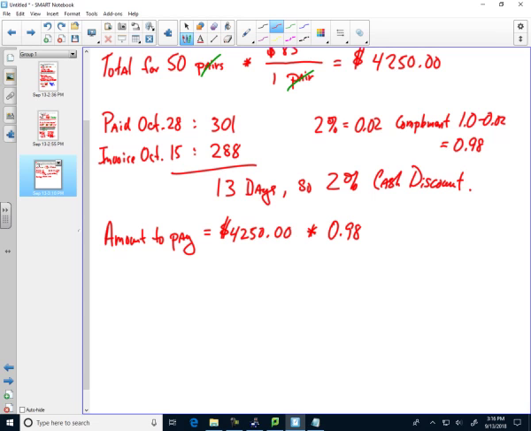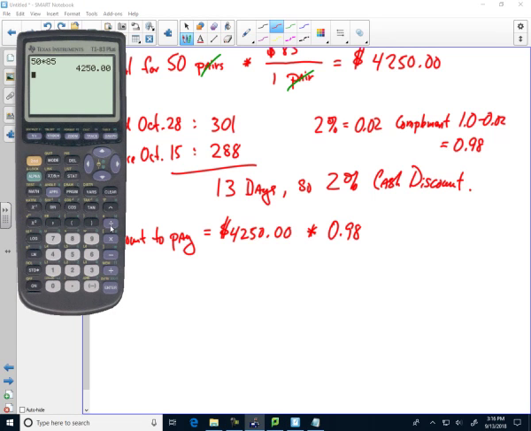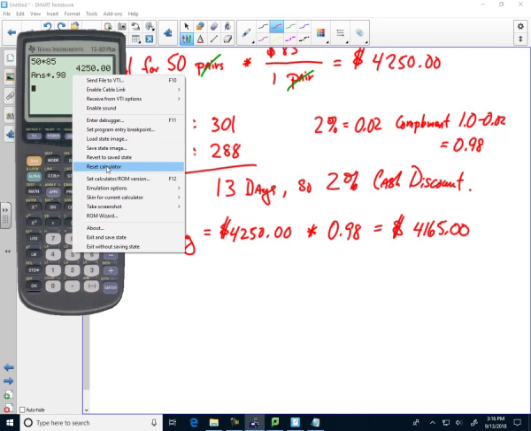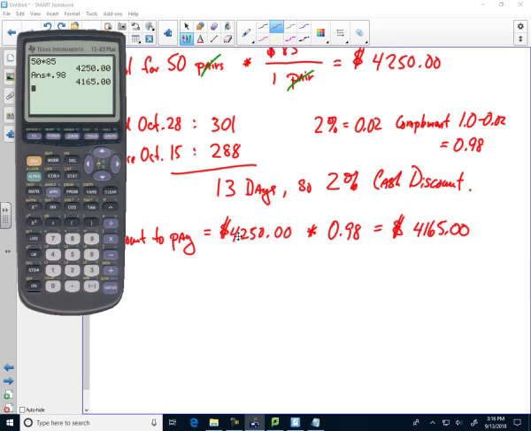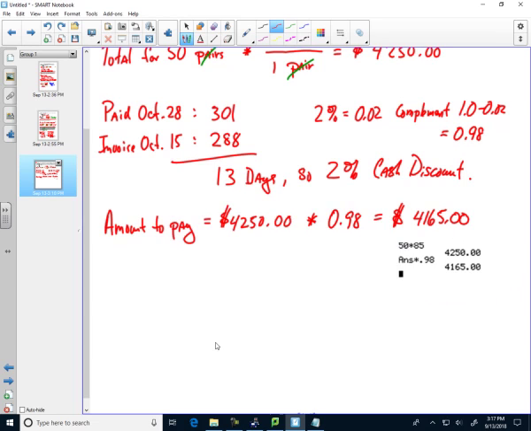But we want to know what we got to pay. So with this calculator, all I got to do is press the multiplication, and it brings down the previous answer. So what'd y'all get? 4,165. Okay?